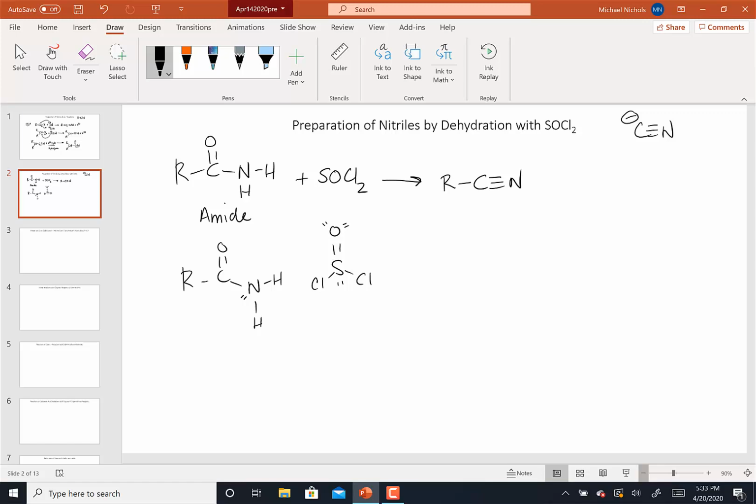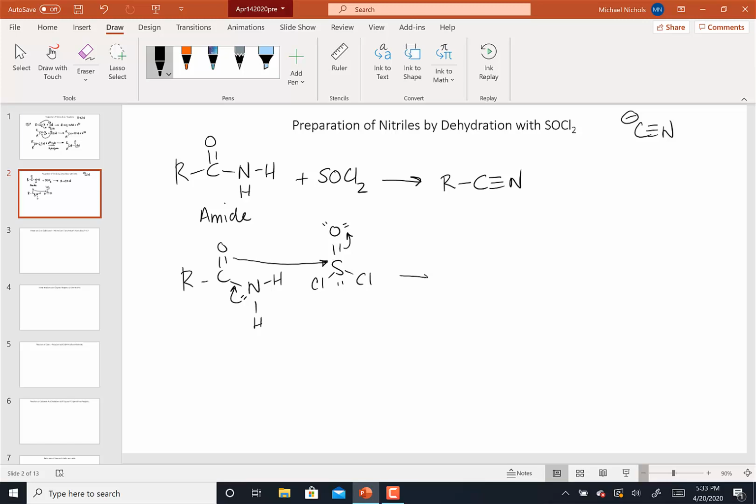So what happens in this case is this pair of electrons of the nitrogen will move, and then the CO double bond, that pair of electrons can be used to form an oxygen-sulfur bond, and then this pair of electrons goes to the oxygen to keep it from violating the octet rule.